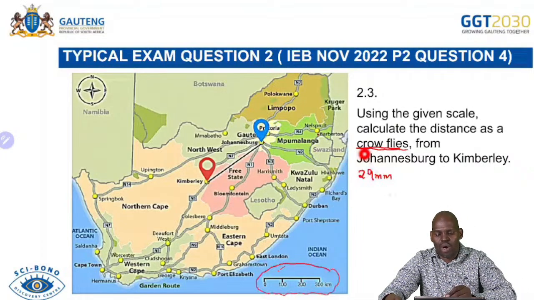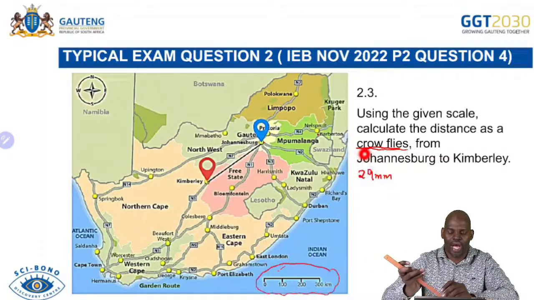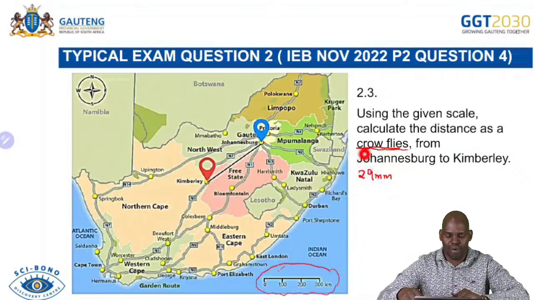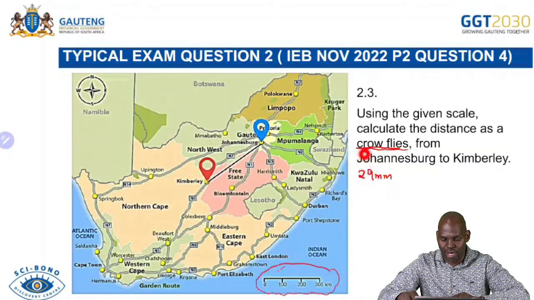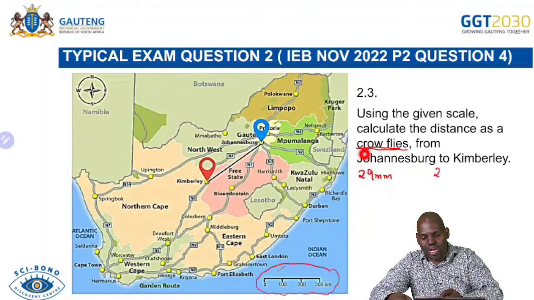Okay, but how am I going to change this to be a real distance? Then I go and look at my bar scale. If I measure the bar scale, I get also about 29 millimeters.